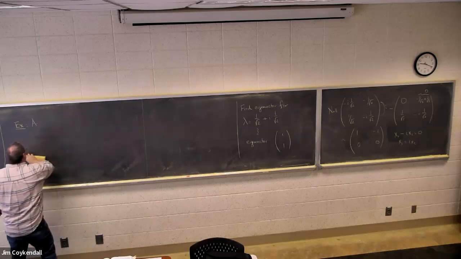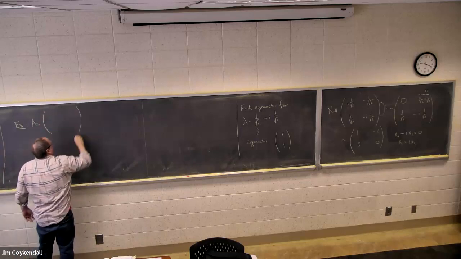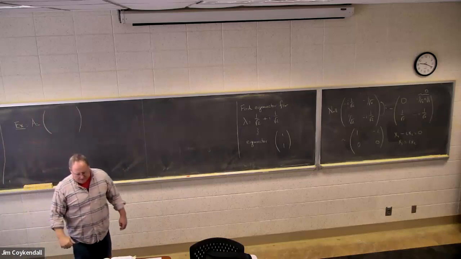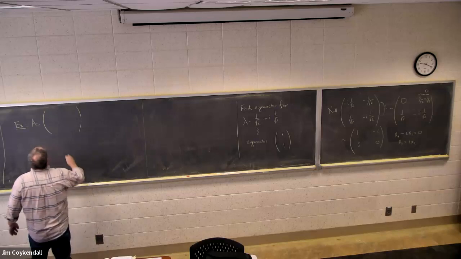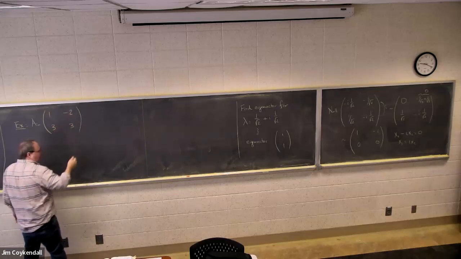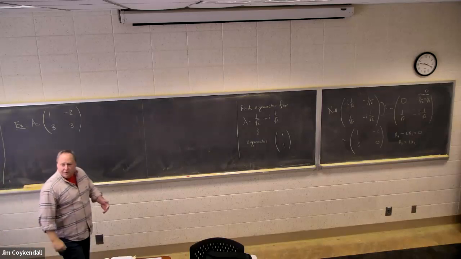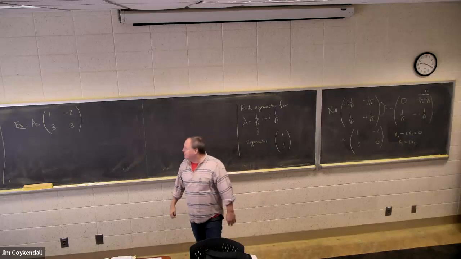This is one that I just made up at random because I knew that it was going to give me a characteristic polynomial with non-real roots. Same instruction: let's go through and find the eigenvalues.